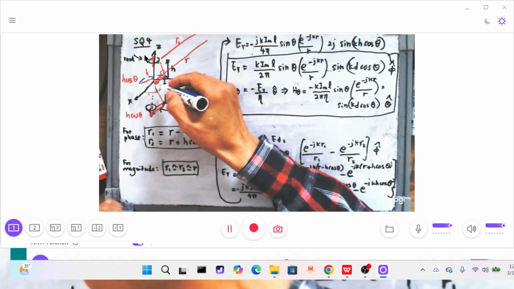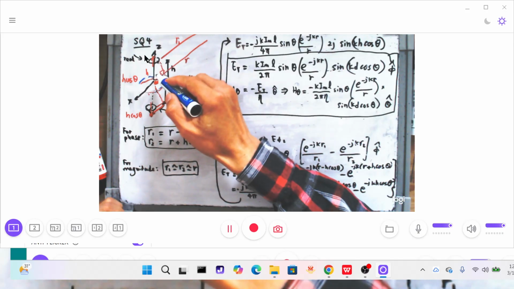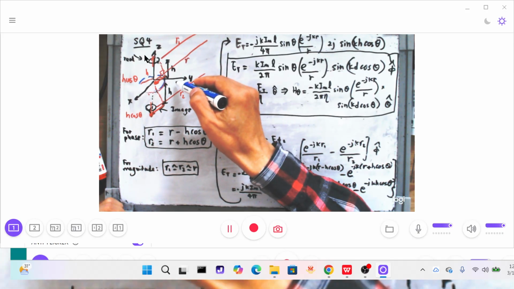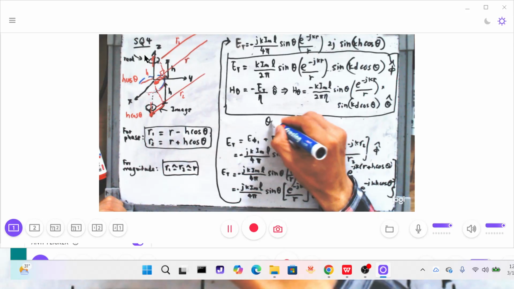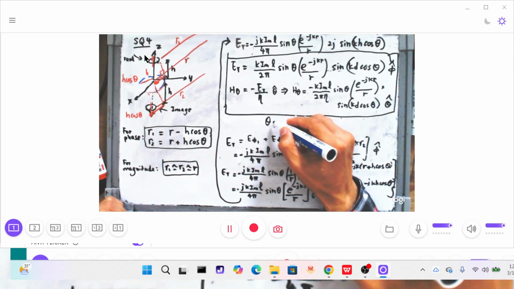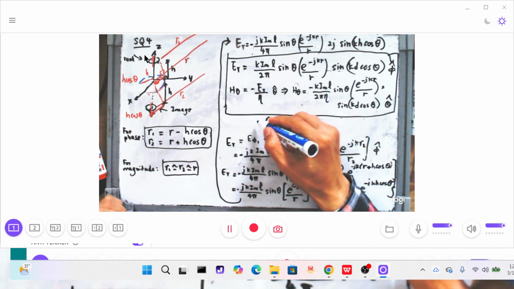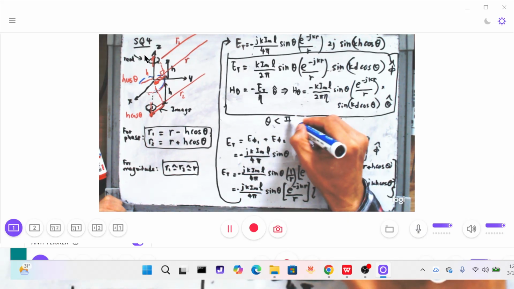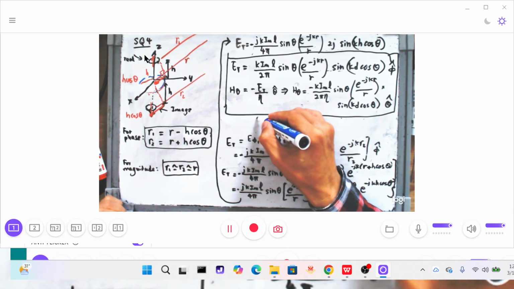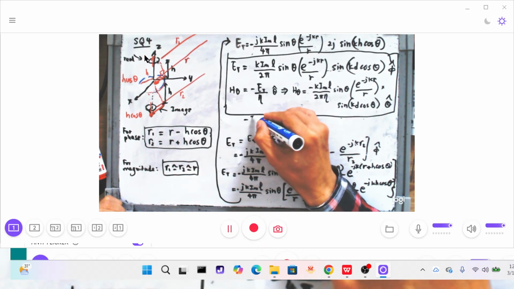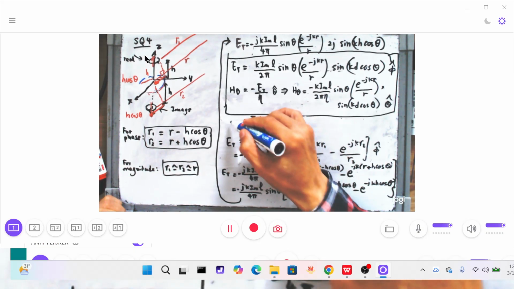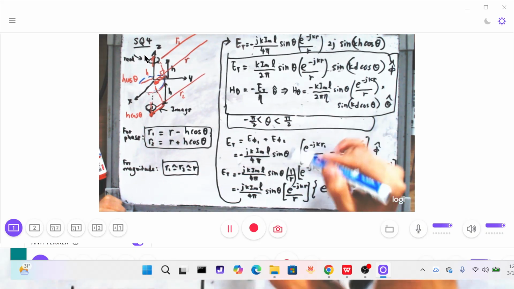So in terms of the angle, yeah, theta should be below pi over 2 and above minus pi over 2. So this is my second part.